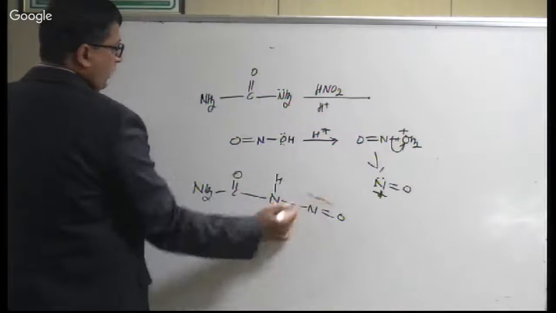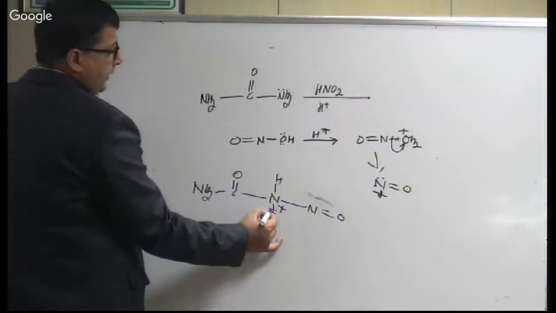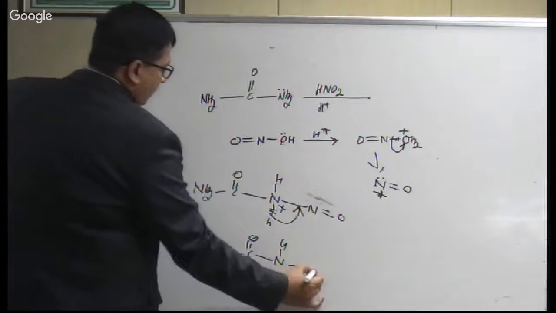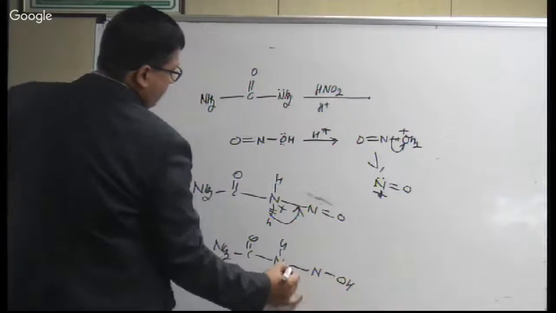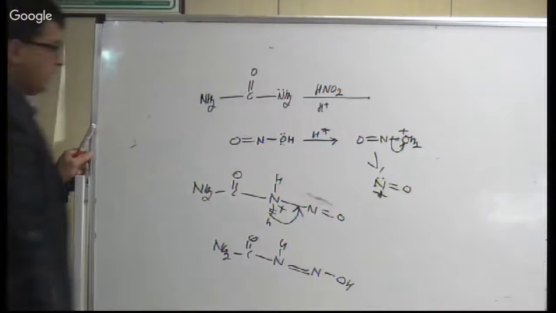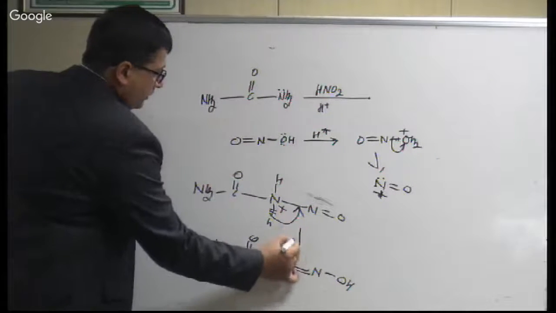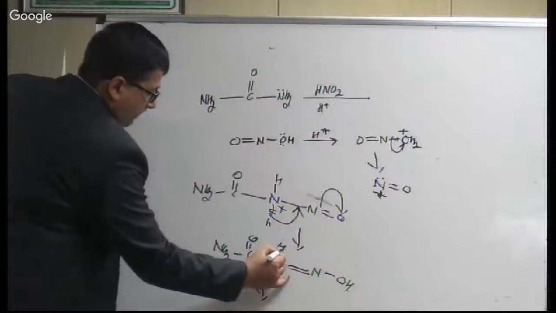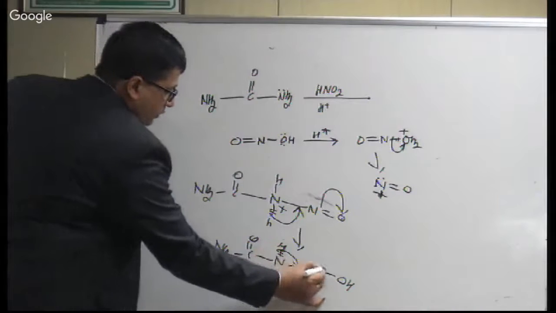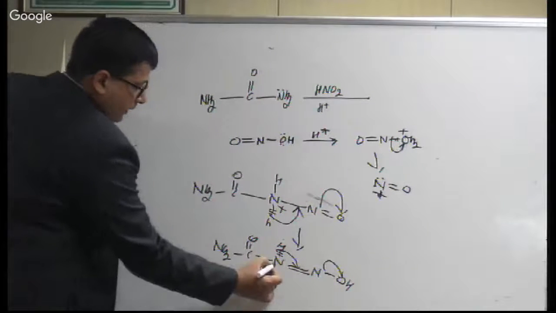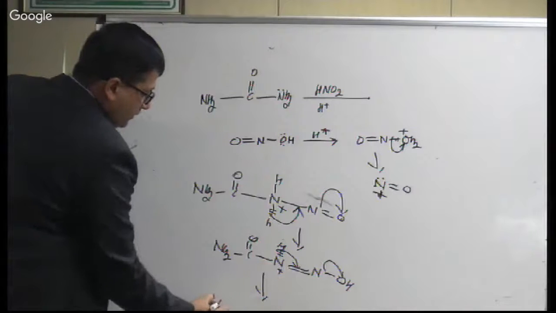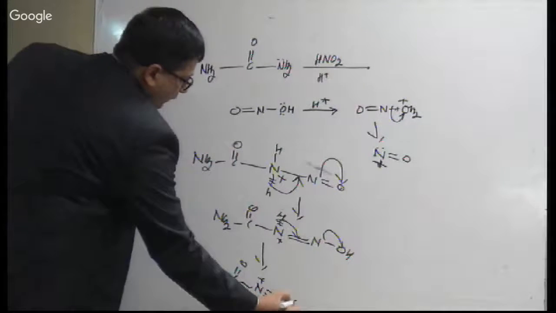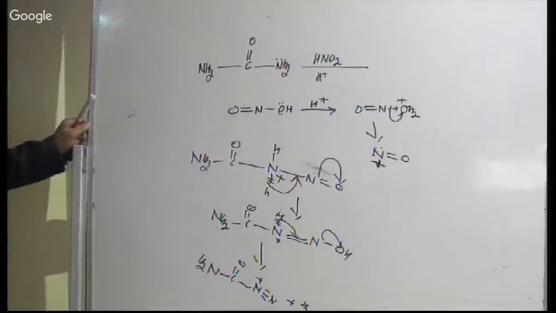It gets positive, yes. NH2. Intramolecular proton exchange, this H goes here, oxygen takes its electrons. Now again if one more electron changes, this nitrogen will again get positive charge: NH2 C double bond O and triple bond N positive, plus water, diazonium formed.